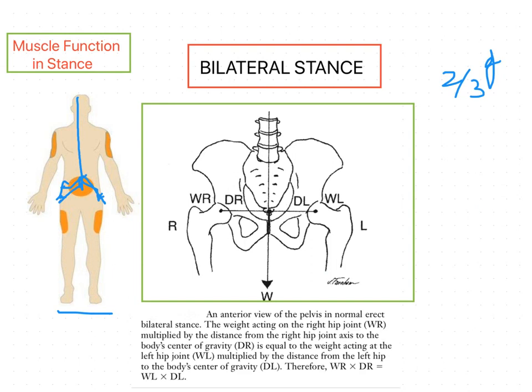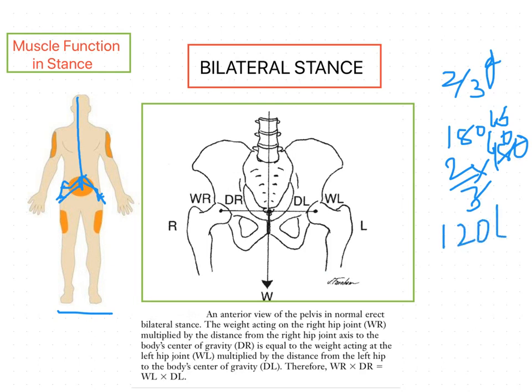If this person is weighing 180 lb, then what is the weight of the upper body? We know it is 2/3 of the body weight. 2/3 of 180 becomes 120, because 3 sixes are 18, and 2 into 60 is 120 lb. So now the HAT is 120 lb.